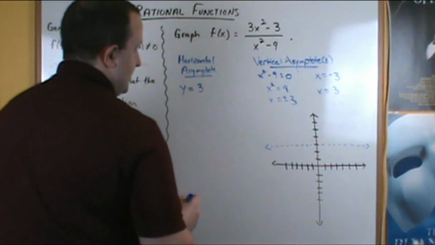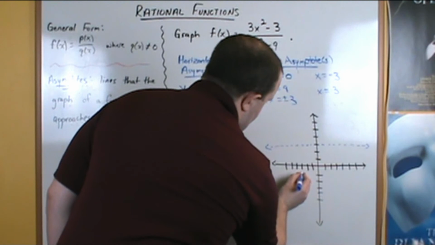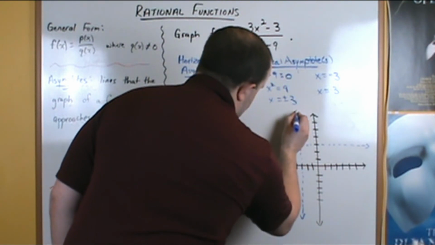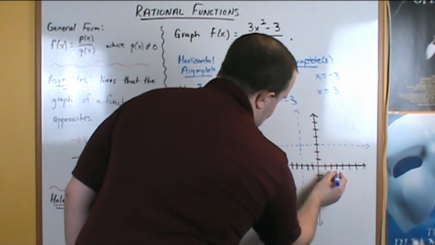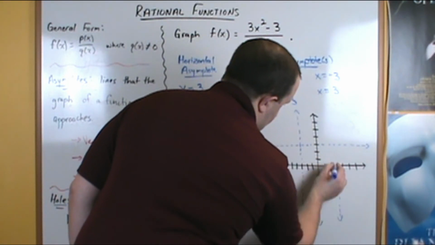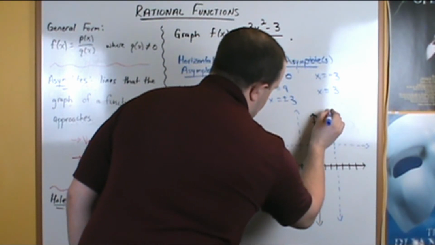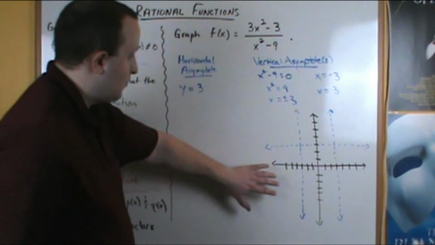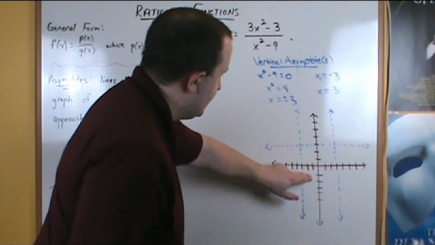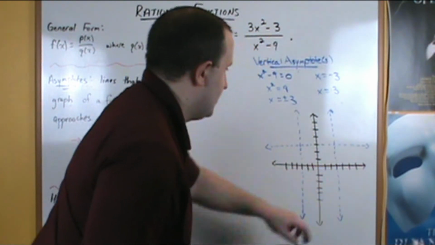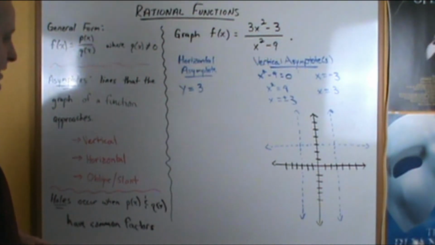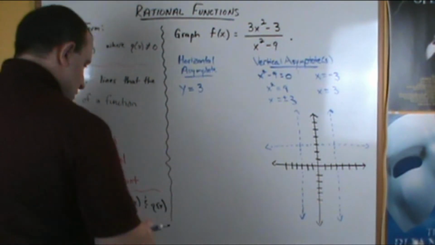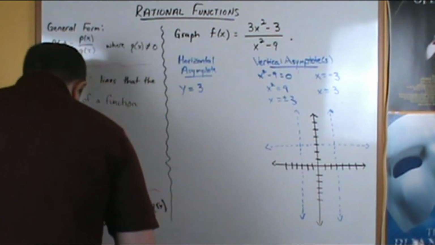And our vertical asymptotes are going to be at x equals -3, so right here. And right here. So now this graph is going to be in one of these two regions, one of these two regions, and one of these two regions. We will use a table of values for each.